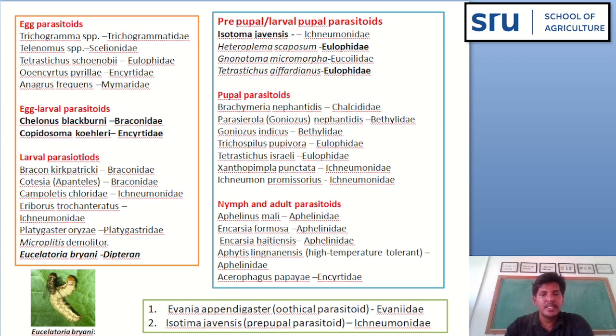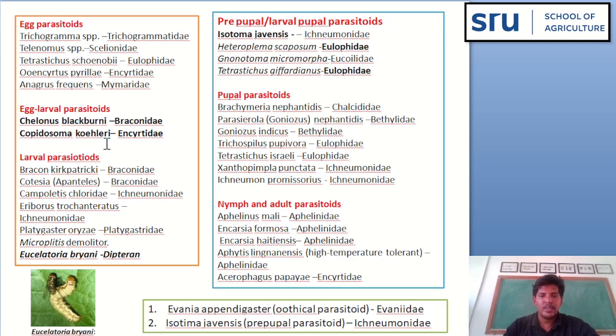Egg parasitoids are Trichogramma species, Trichogrammatidae family, Telenomus species, Scelionidae family, Tetrastichus sonebi, Eulophidae family, Anagrus frequens, Mymaridae family. Egg-larval parasitoids: the meaning of egg-larval parasitoid will come in the coming slides.